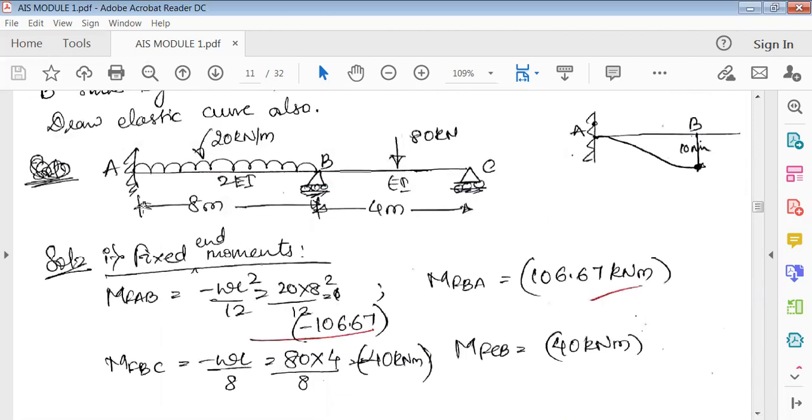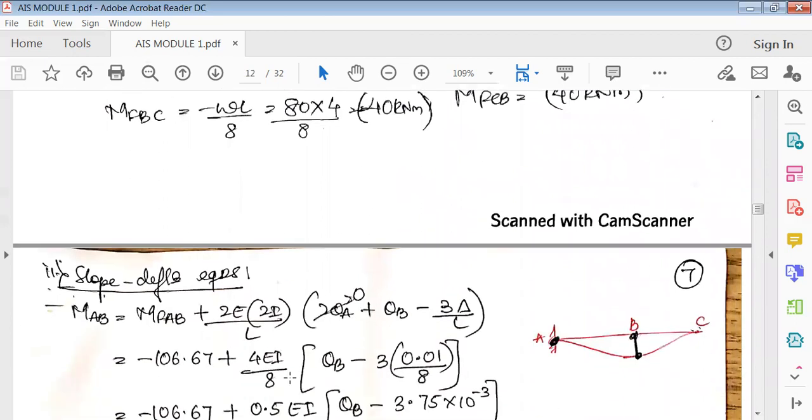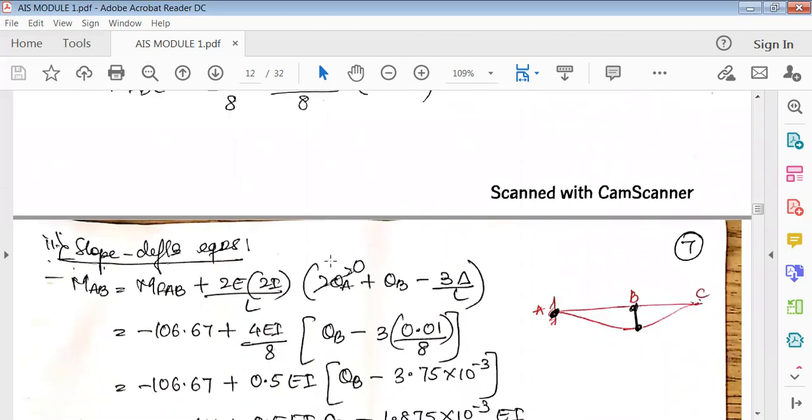Length is 8 meter, so write this length 8 here. Then theta A is 0 because it's a fixed support. Then plus theta B minus.